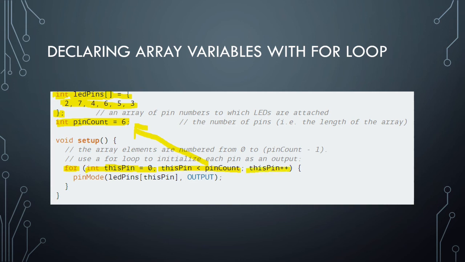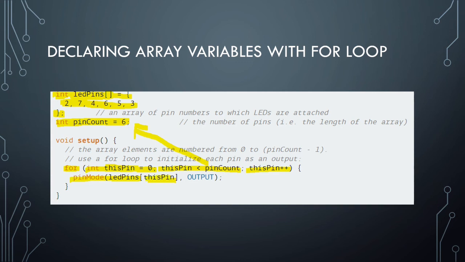We go through the loop, and afterwards we increase this pin by 1. And so our loop is just declaring the pin mode for LED pins, right? That's our array.